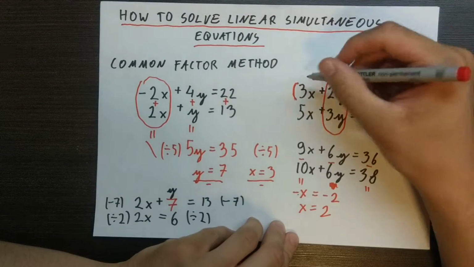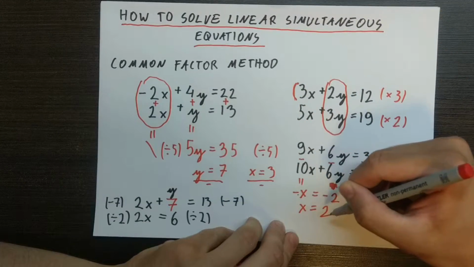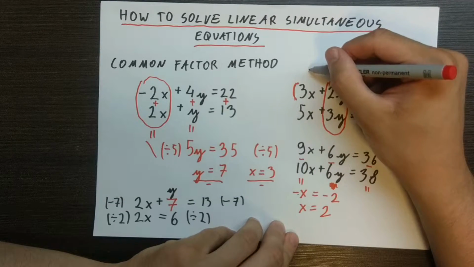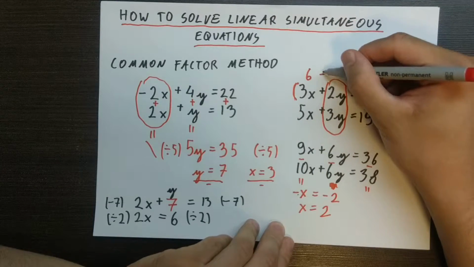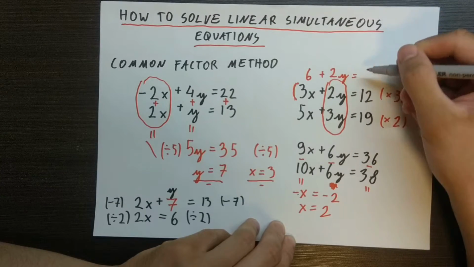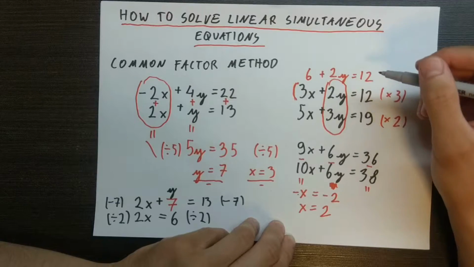So what do we get? We get 3x, and x is equal to 2, so we get 6. 6 plus 2y, which is equal to 12. So let's solve this.